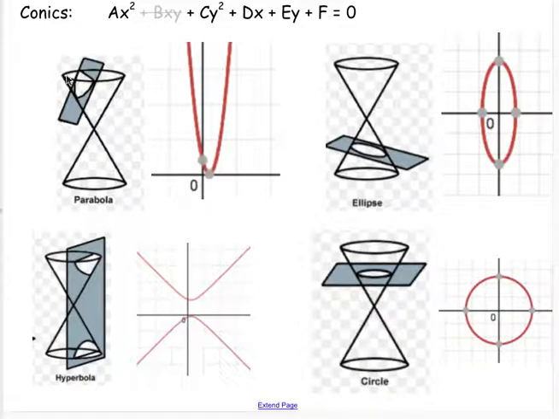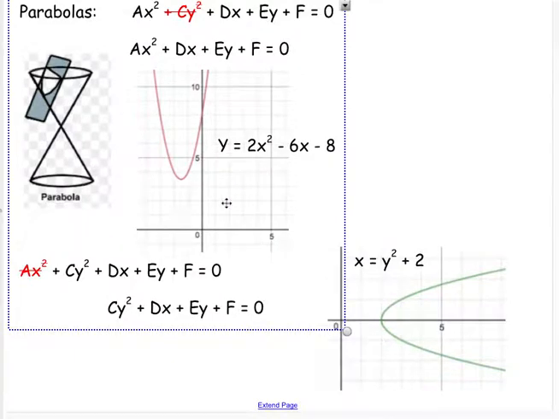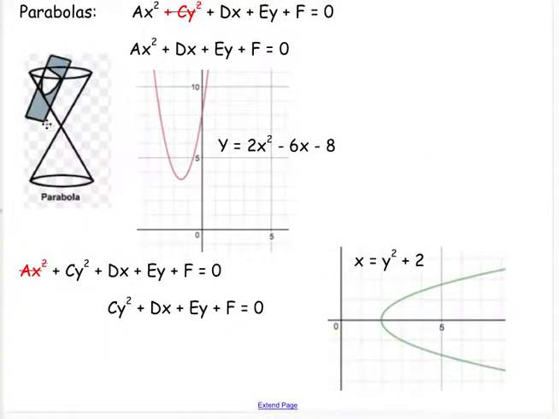Let's take a look at how these equations line up with the different shapes we know. We've got parabolas, these U-shaped curves that happen when we cut the plane at the same angle as the side of the cone.